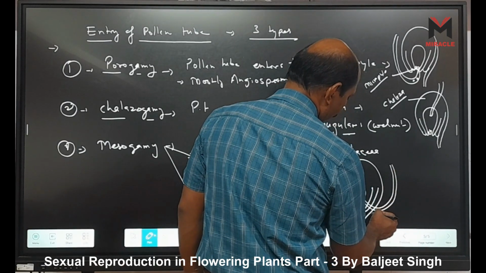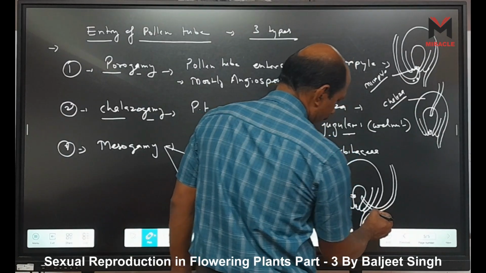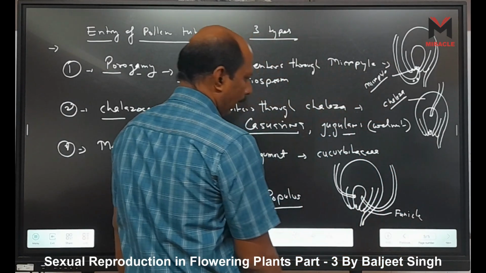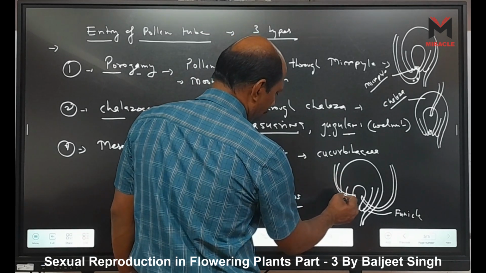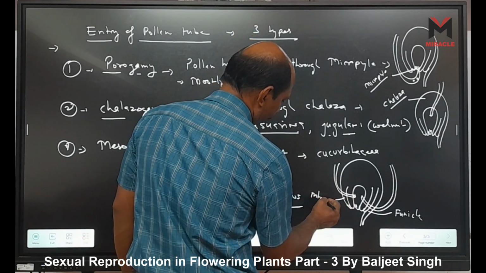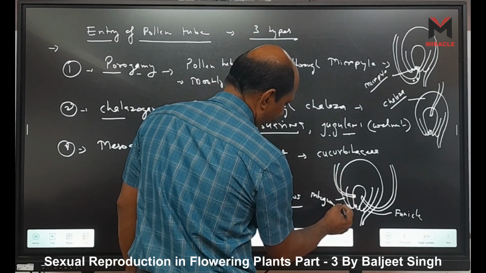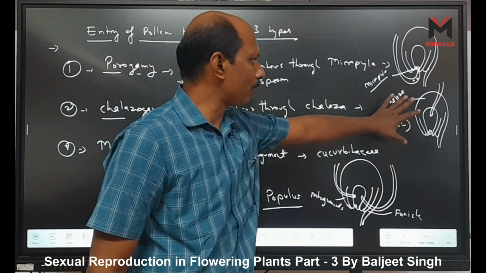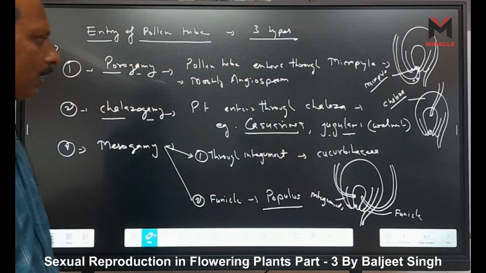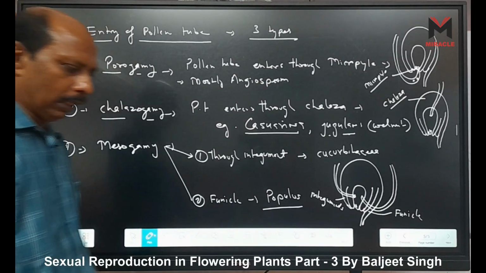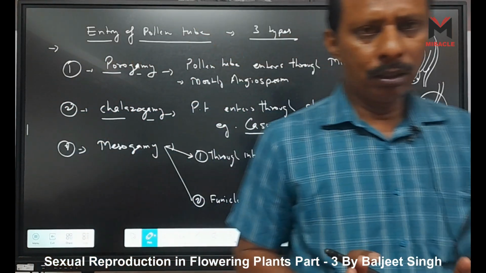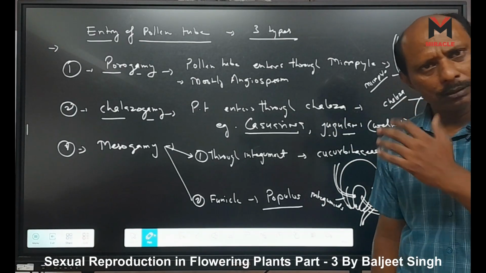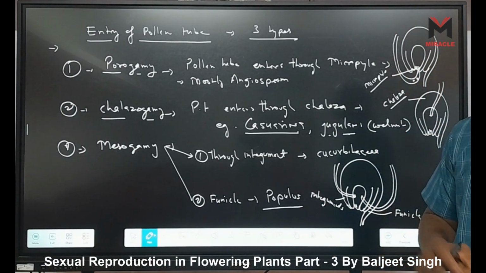It is because it is a funicle, like Populus, and this is through integuments. So these are mesogamy, chalazogamy, and porogamy. You understand this one, I think. Okay. So today we finish up to this entry of pollen tube. Next day we will complete this chapter. Okay.